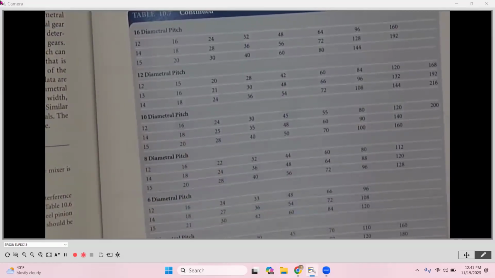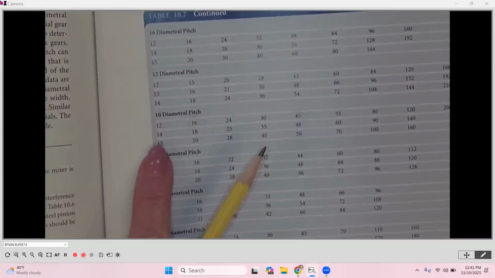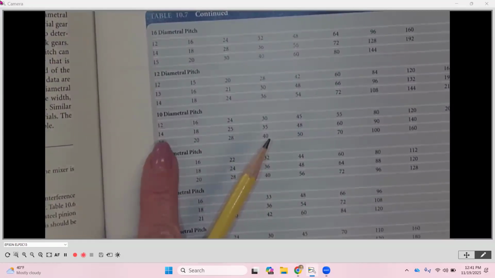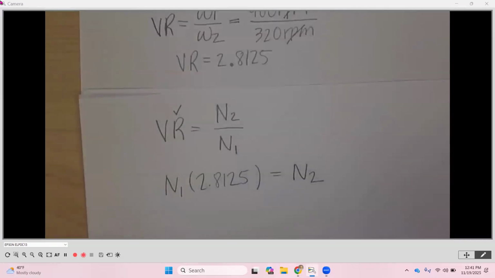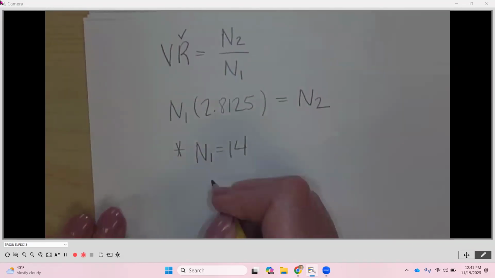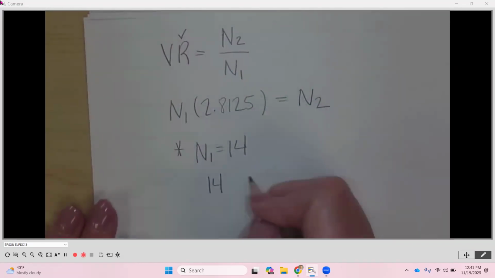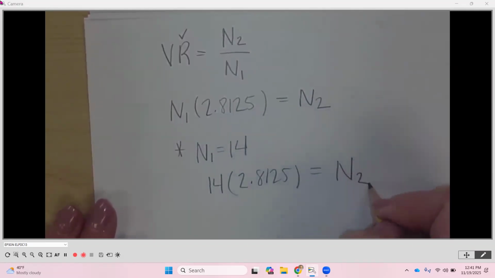If we pick any one of these, for instance, how about we start with a number of teeth of 14? This can be a designer's decision. So when N1 is equal to 14, we're going to have 14 times 2.8125 equal to N2.